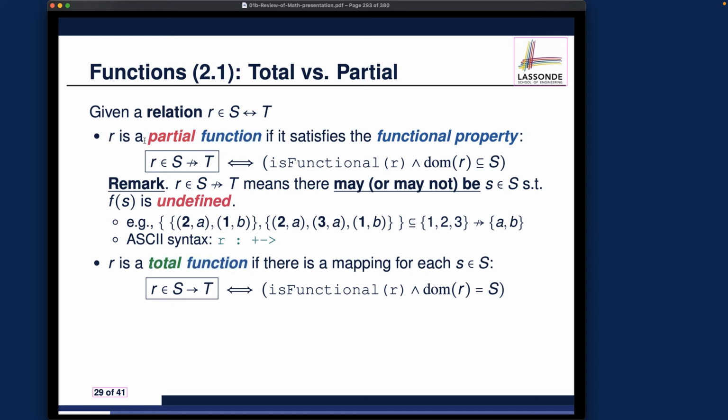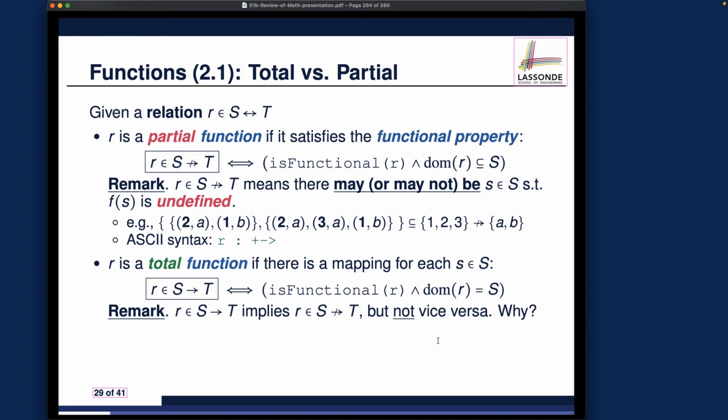However, a partial function is not necessarily a total function, because when we say the domain of R is equal to S, it's definitely a special case where it's a subset of S. However, if I only say the domain of R is a subset of S, it does not necessarily mean it's exactly equal to S, right? It's exactly how you can see the definition. Right, it's the remark. Well, that's exactly what I just meant, right?